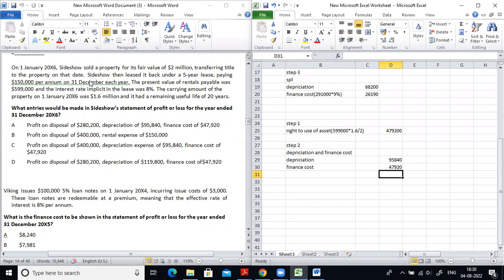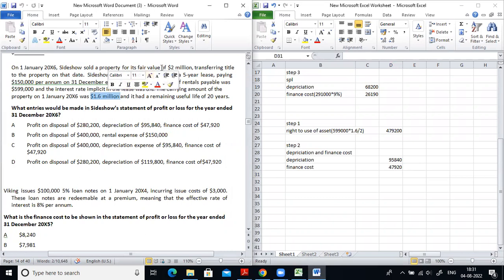Suppose let us assume that this is not a lease. I sold an asset, so I lost the control on that. I derecognized it. Now, when I derecognize it, I need to recognize the profit or loss on disposal. How do we generally get profit or loss on disposal? What is its carrying value at the time of selling? 1.6 million, here you can see.